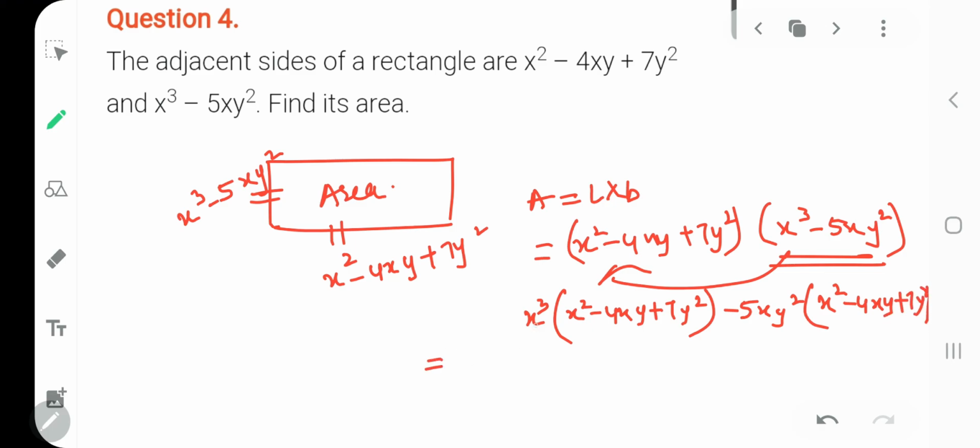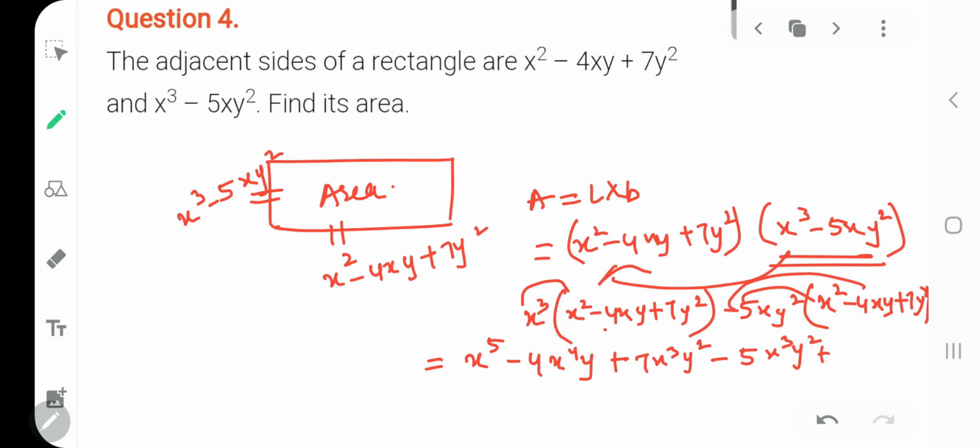Open the bracket, so you will get x cube into x square, x5, minus 4 x cube x4 y plus 7 x cube y square, minus 5 x and x square, x cube y square, minus minus becomes plus 5 4s are 20 x and x becomes x square, y into y square becomes y cube, plus minus will be minus here, 5 7s are 35, you have x y4.